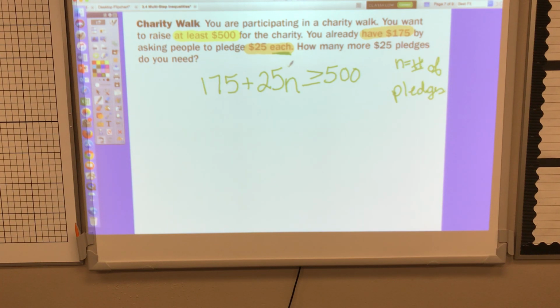Okay. So when I solve this, my goal is to get n by itself. So I need to subtract 175 on both sides. Leaving me with 25n.